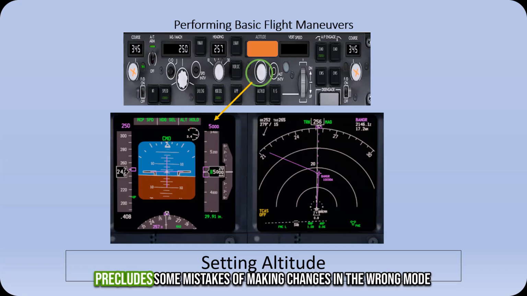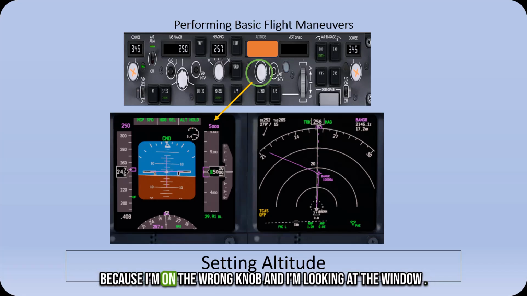So this precludes some mistakes of making changes on the wrong knob while looking at the window.